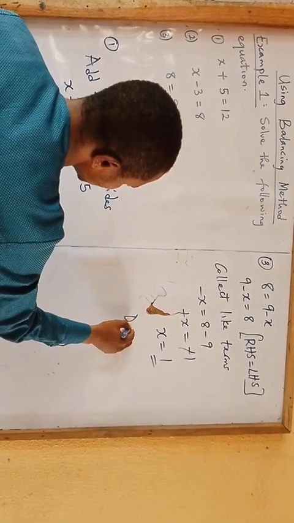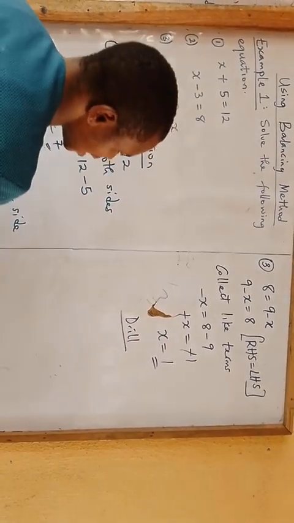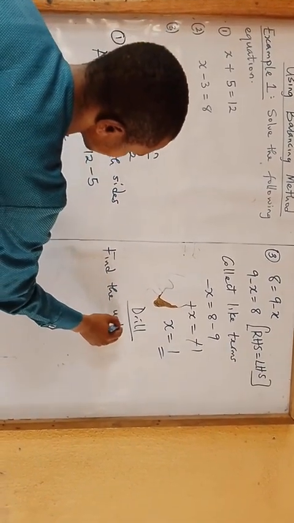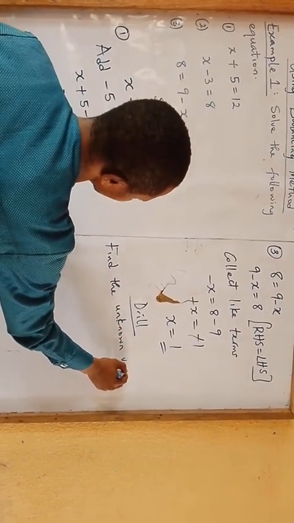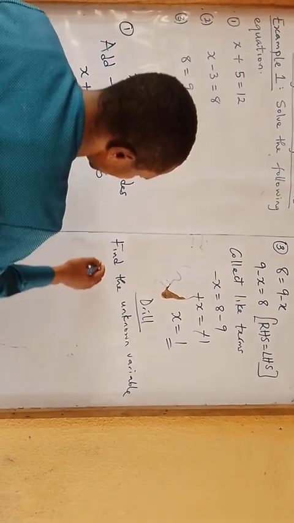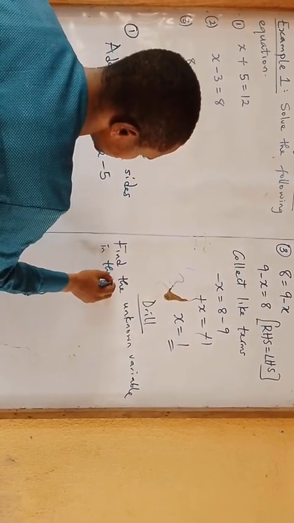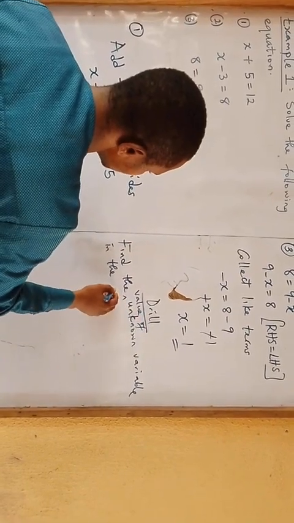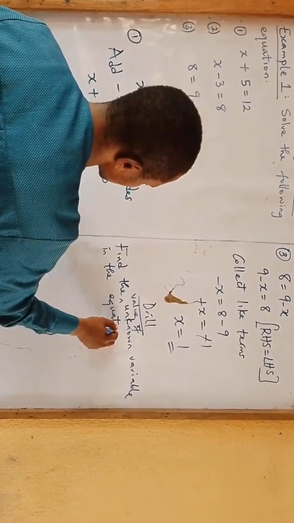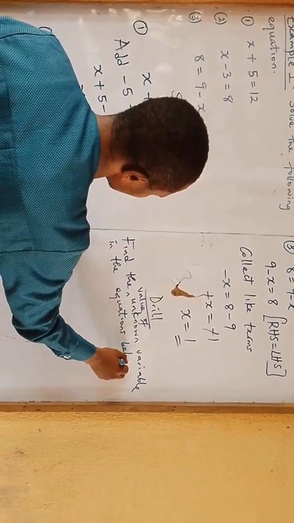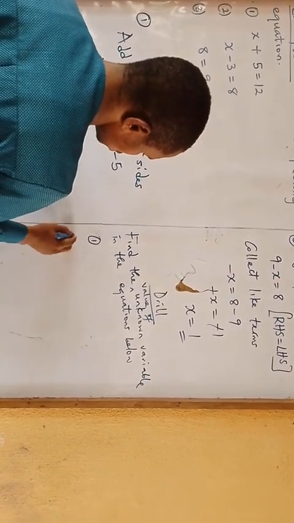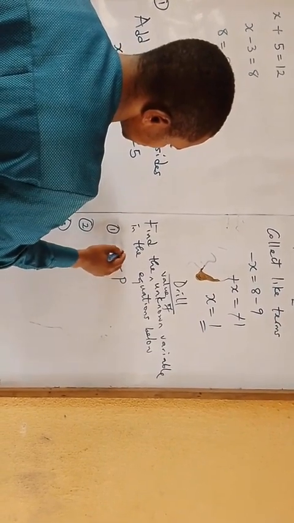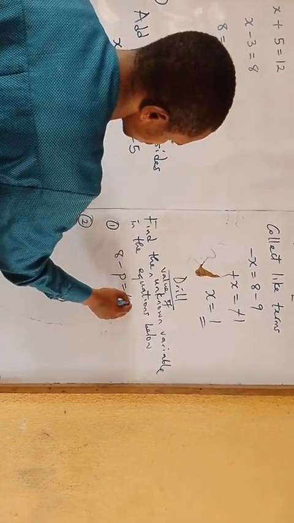I want you to try this and drop your answer in the comment section. Find the value of the unknown variable in the equations below. Number 1, you have 8 minus p is equals to 4.